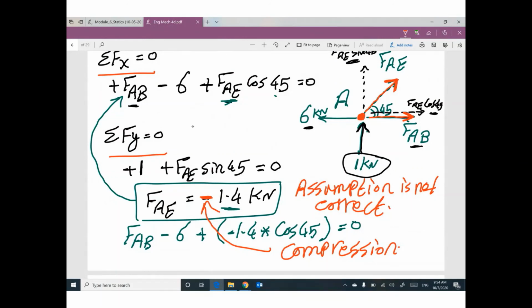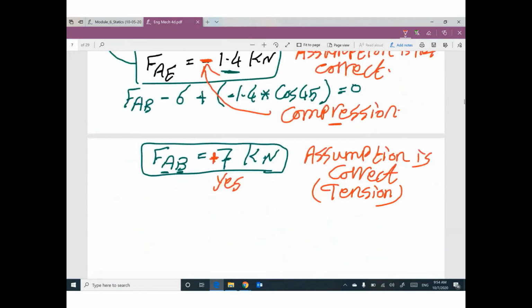I assumed my direction for these forces on the tension side, and I wait for the sign. If your sign is negative, your assumption is not correct. It will be compression, not tension. If your sign is positive, your assumption is correct, so it will be tension.